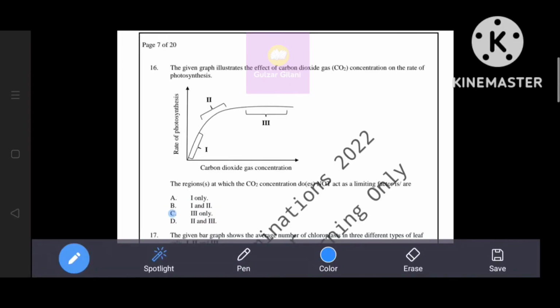नेक्स्ट क्वेश्चन. The given graph illustrates the effect of carbon dioxide gas (CO2) concentration on the rate of photosynthesis.